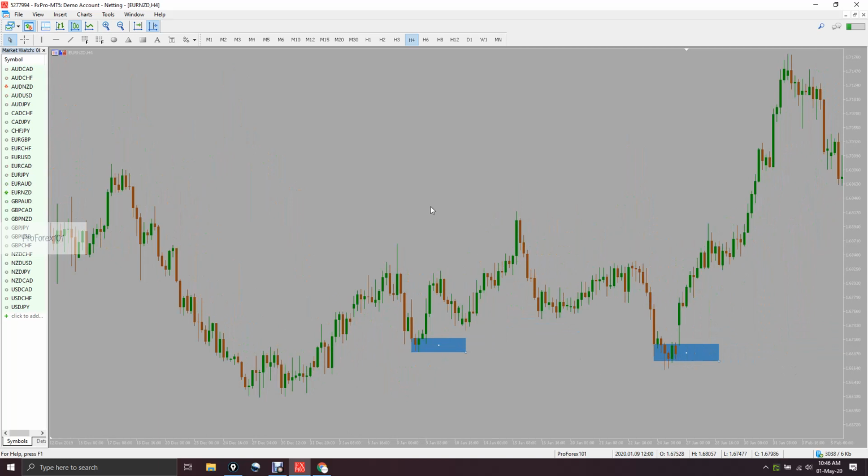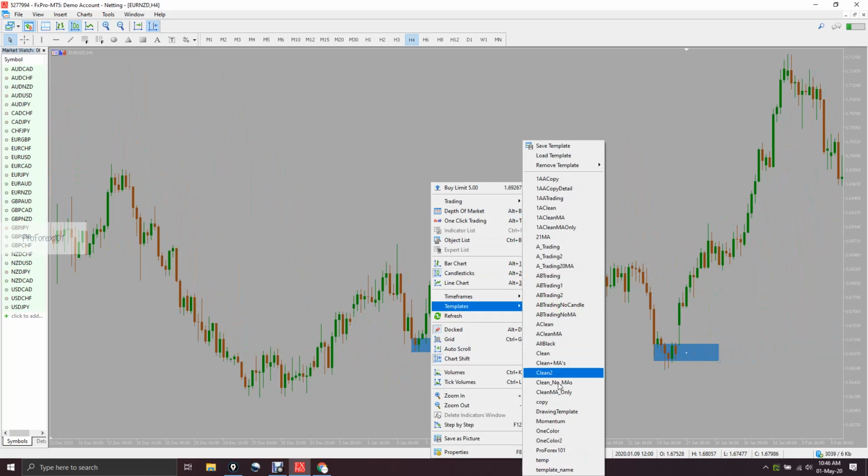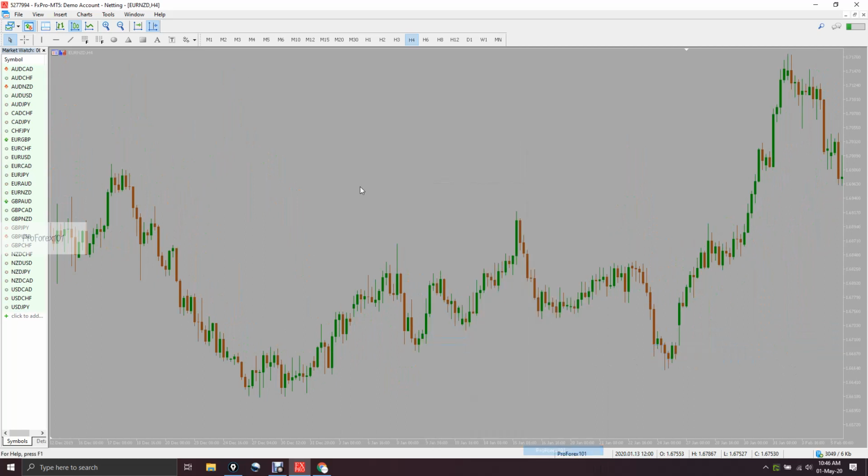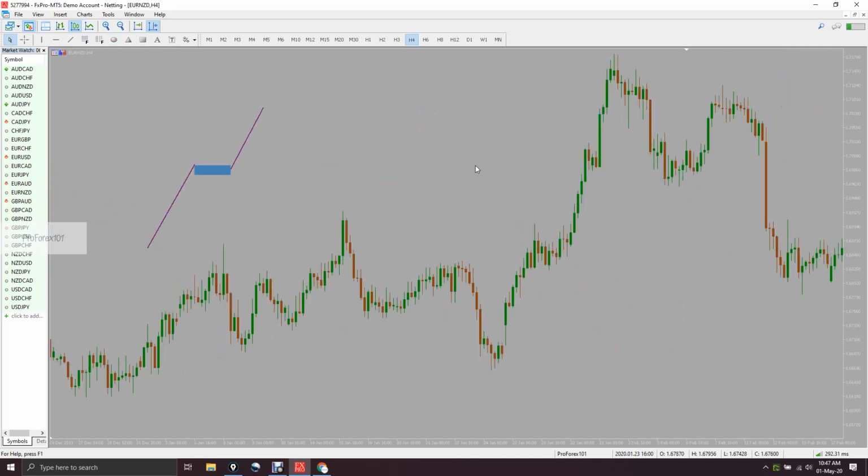Now continuation demands are basically market coming up, halting or sidelining for a few candles, and then continuing. An area like that would be right here, and you can box that in.